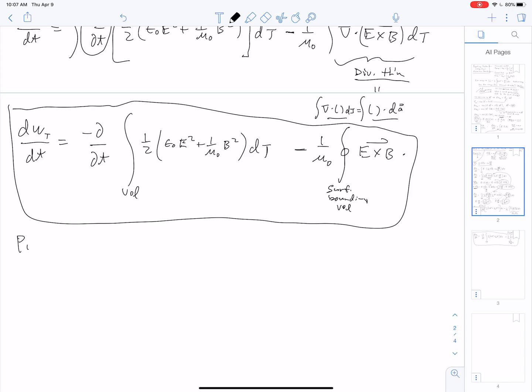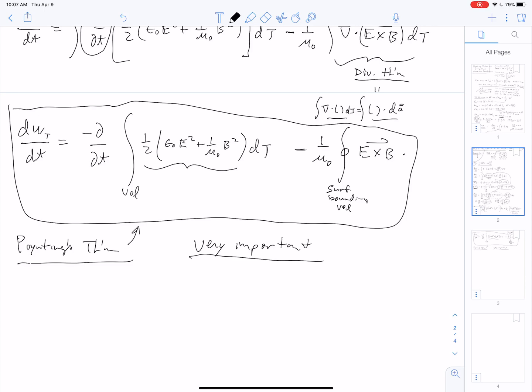So this is Poynting's theorem, and it's very important. I want you to take a look at it because there's something really interesting here. If you've never seen it before, it might just look really crazy to you. But first, what is this expression here?